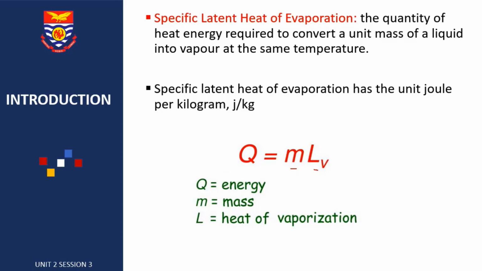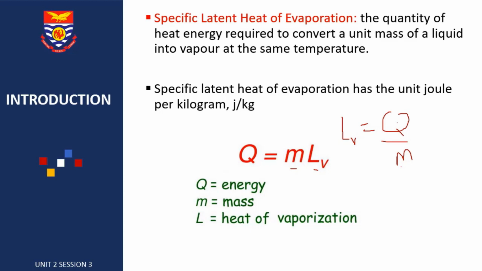In case we are calculating for the specific latent heat of evaporation, we just have to make Lv the subject, where Lv equals Q over M, where M is the mass of the particular substance, Q is the energy, and Lv is the specific latent heat of evaporation.